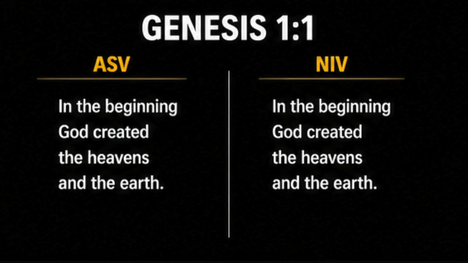Key meaning. In the beginning marks the start of time itself. Not after something, but the beginning of everything. God creates: creation by God alone. The heavens and the earth: God creates everything that exists.